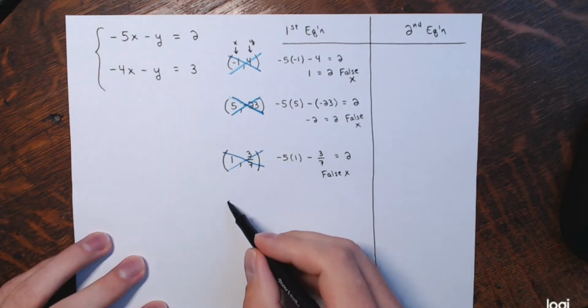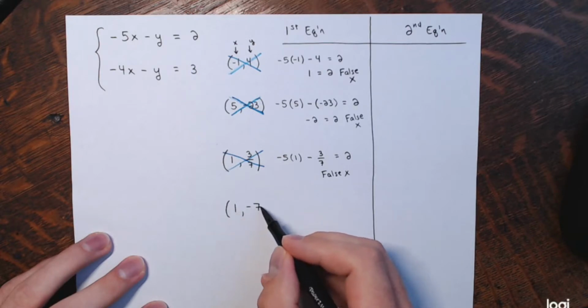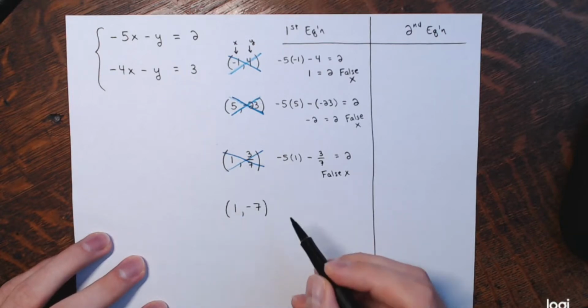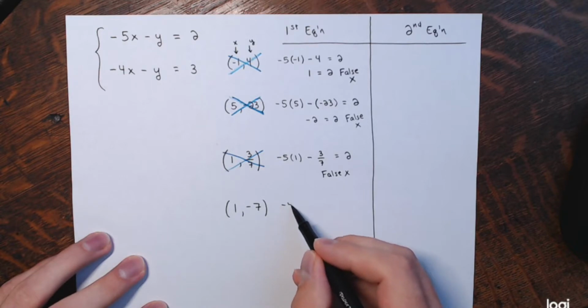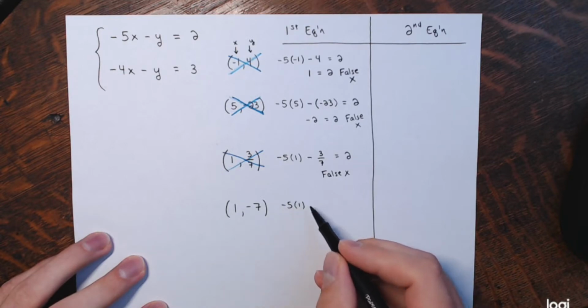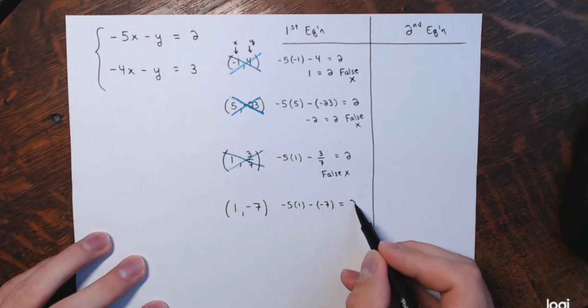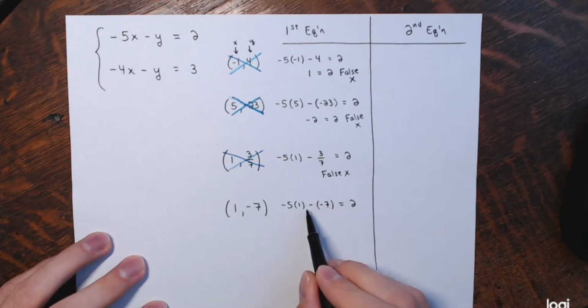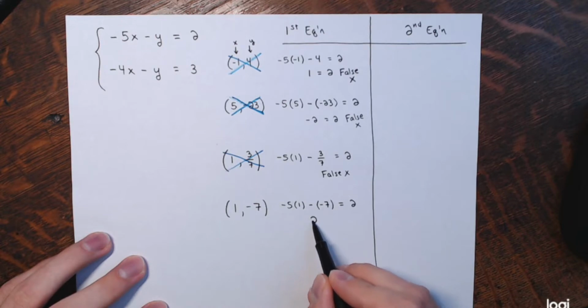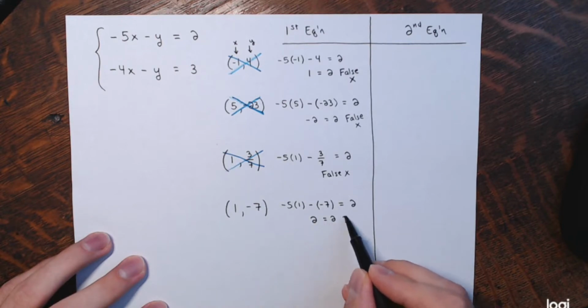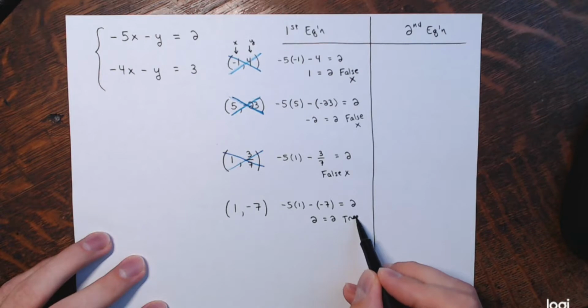Next ordered pair we're given is 1 for x, negative 7 for y. So the first equation, negative 5 times 1 minus negative 7 equals 2. This would be negative 5 plus 7. That is 2. Great. So far so good.